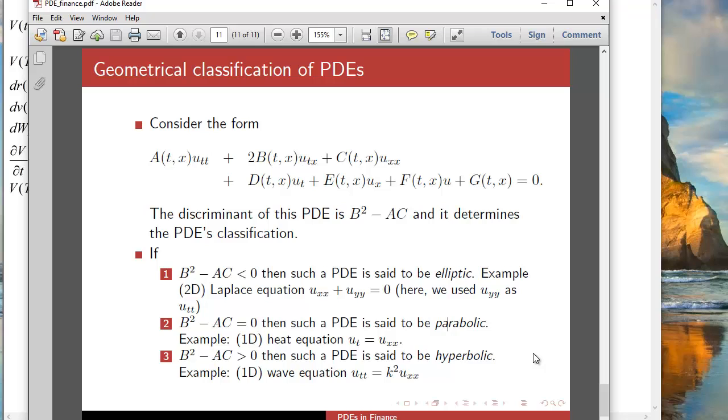Because if you are going to solve the PDEs numerically, you need numerical schemes for PDEs, and you now know that you only need numerical schemes for parabolic partial differential equations. So that's the key takeaway of this slide. Just focus on the parabolic PDEs, because these are, I would say, the most commonly used equations in finance.